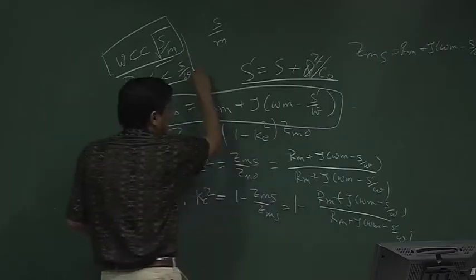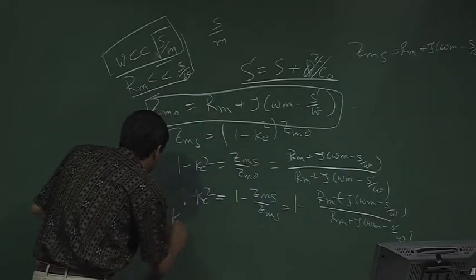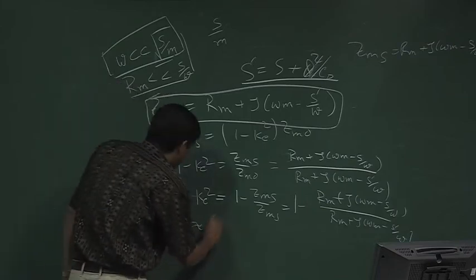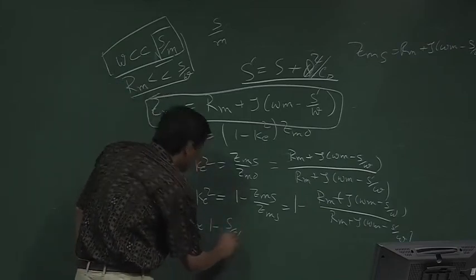Within these two limitations, Kc square will approximately become 1 minus S by S dash.